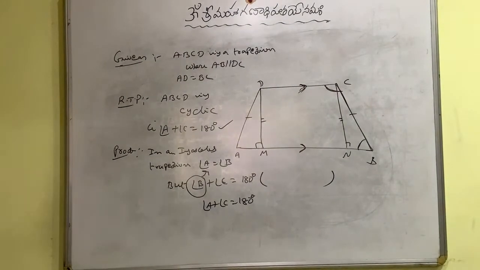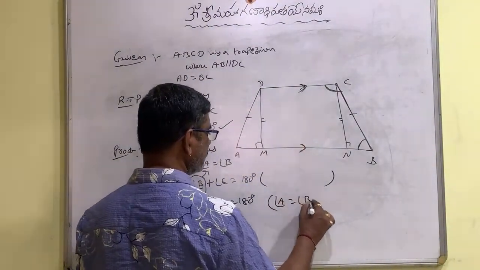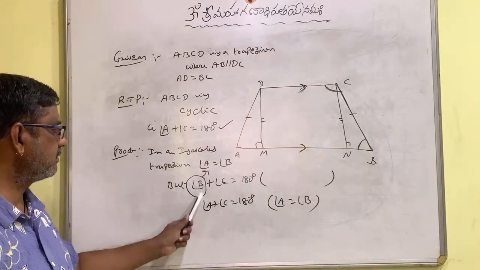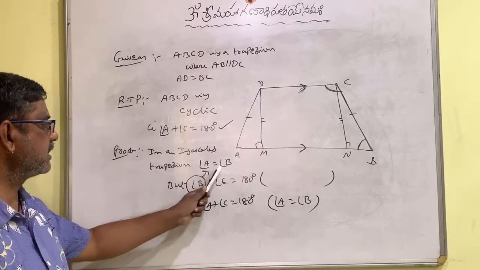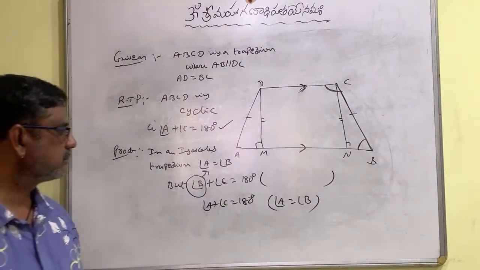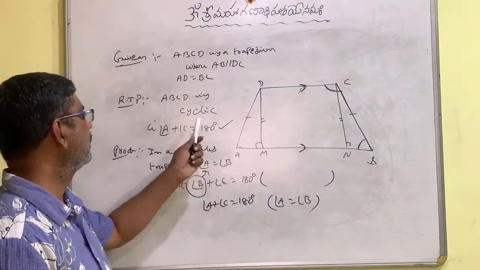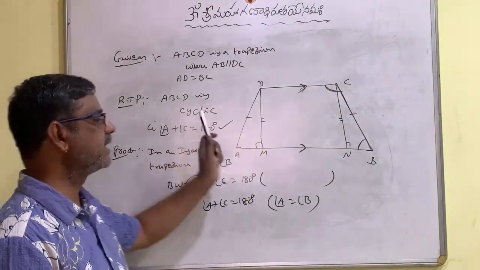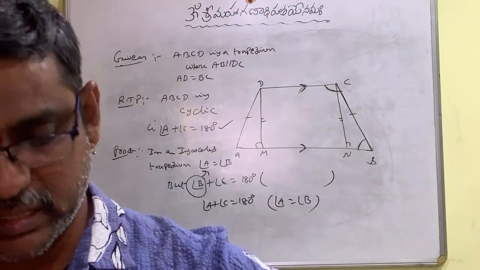I am replacing angle B with angle A because both are equal. Angle A plus angle C is 180 because A and B are equal. So, since the sum of opposite angles is 180, ABCD is a cyclic quadrilateral.